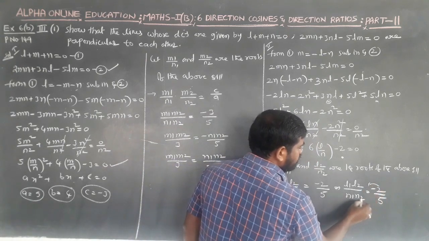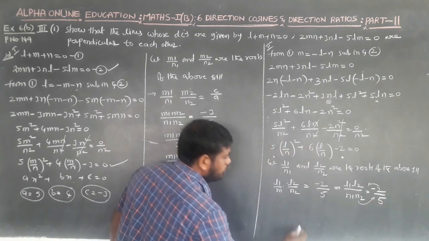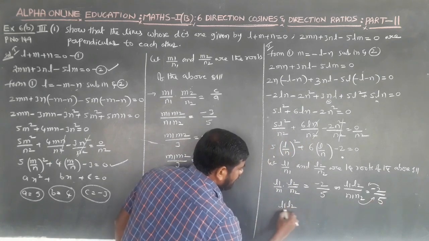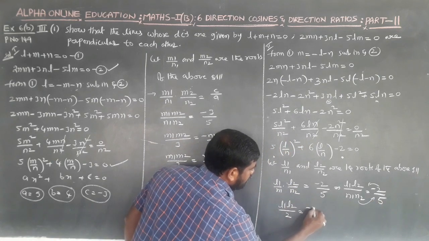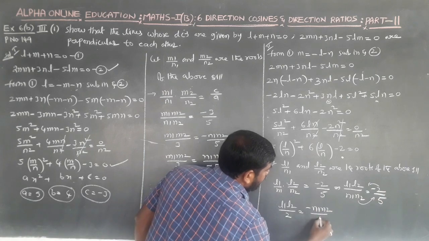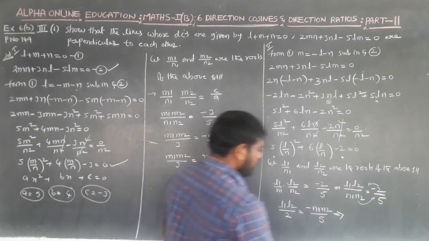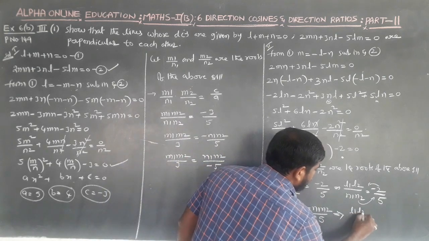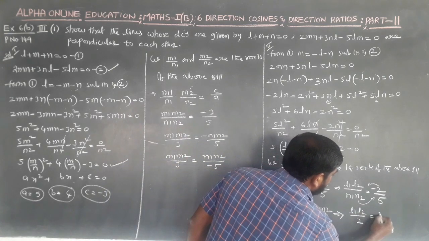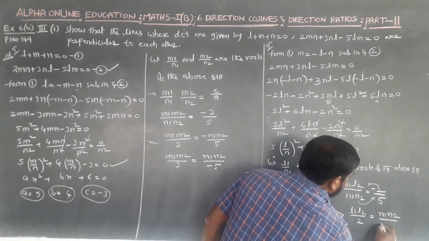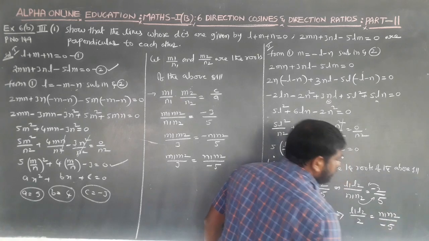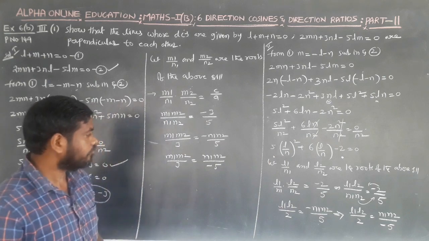Taking 2 to the left side and n1 n2 to the right side, l1 l2 by 2 is equal to minus n1 n2 by 5. Here l1 l2 by 2 is equal to n1 n2 by minus 5.